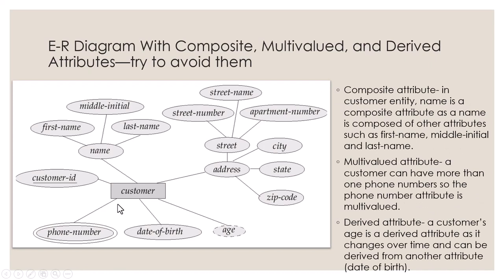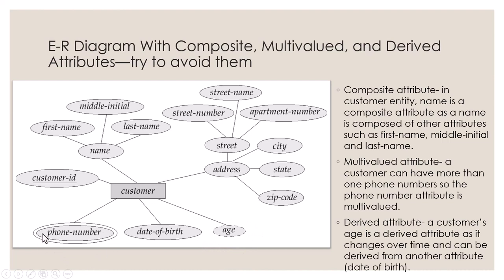Here is what I just talked about. We have a customer entity set. The customer ID here is unique, so that's going to be our primary key. Then we have date of birth and then age. If you know the person's date of birth, you should be able to compute or derive it, right? So this is a derived attribute, and that's why it's in a dashed or dotted oval.